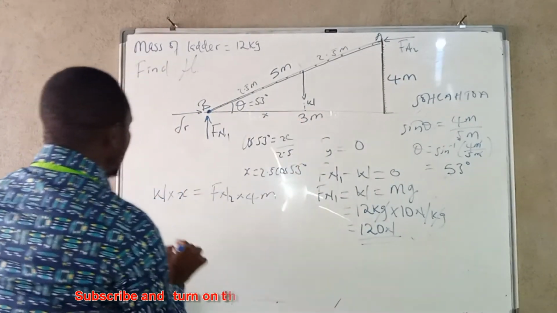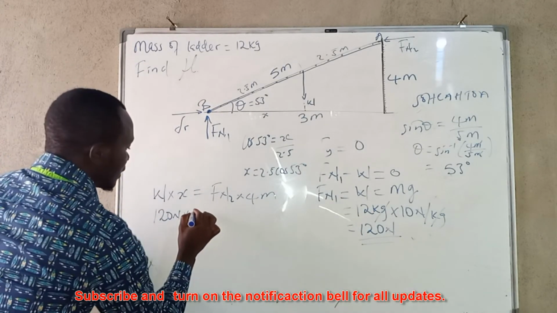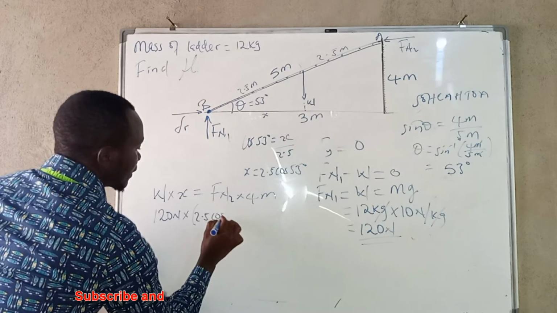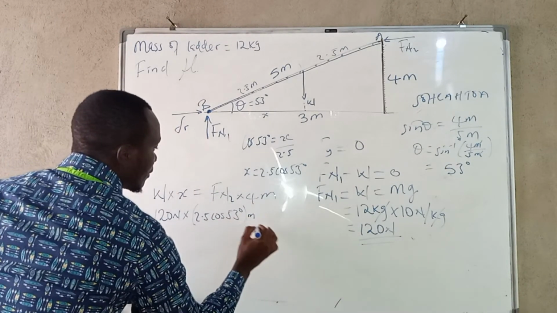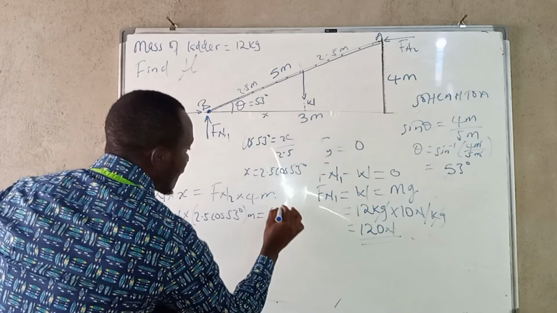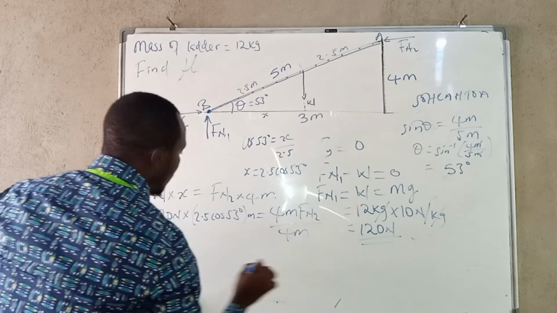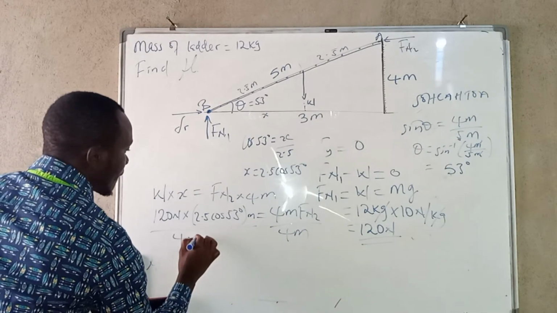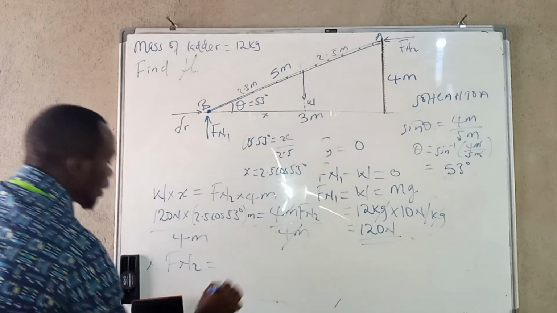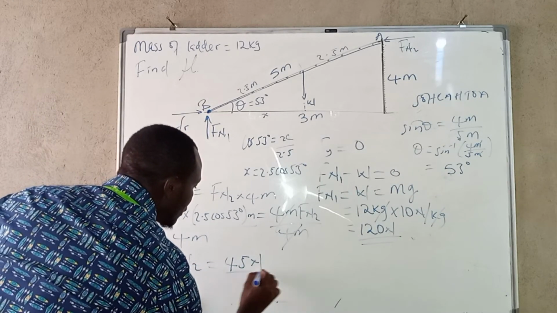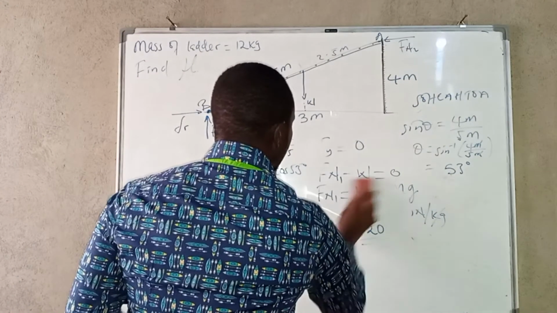The weight of the ladder is 120 newtons times x, which is 2.5 cos 53 degrees, and this must equal 4 meters times Fn2. Dividing both sides by 4 meters, the 4 meters cancel, and we have 45 newtons as Fn2.